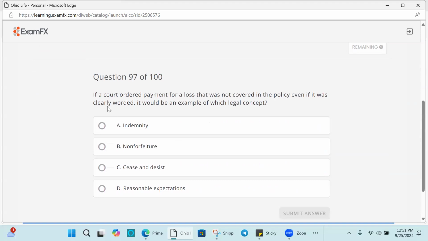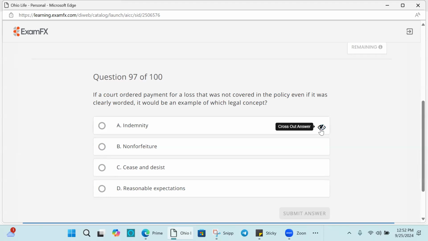3 more questions. If a court ordered payment for a loss that was not covered in the policy, even if it was clearly worded, it could be an example of which legal concept?